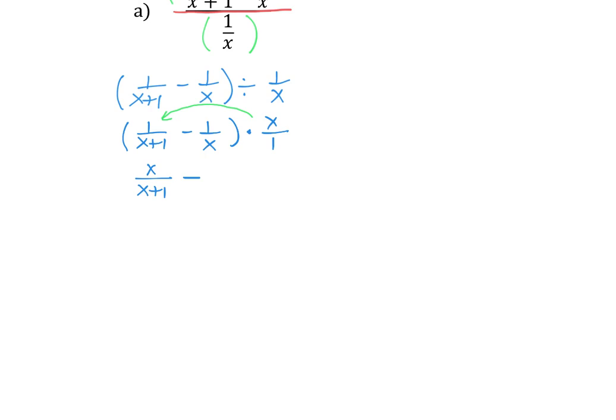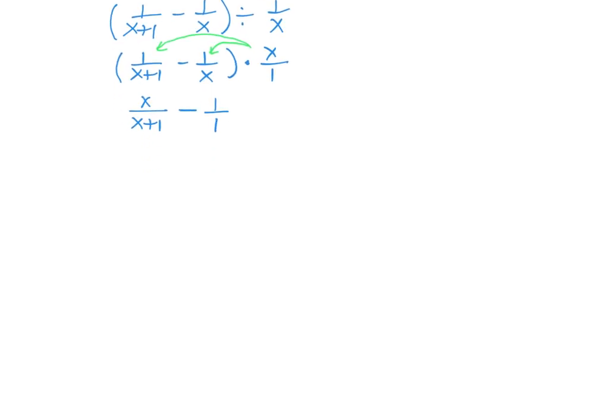minus, when I multiply the 1 over x times x over 1, that's simply 1. But I'm going to write it as 1 over 1, because the first expression is a fraction and I know that I have to combine these. At this time, I would need to find the common denominator, and in this case it would be x plus 1. So the first fraction is okay.